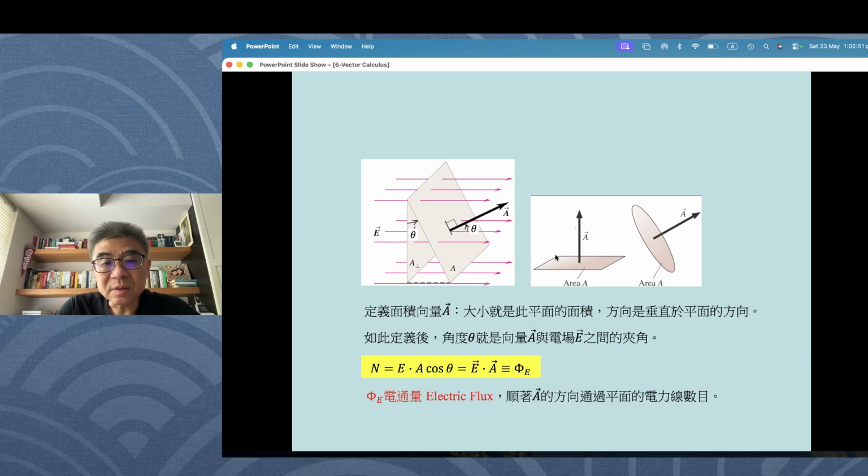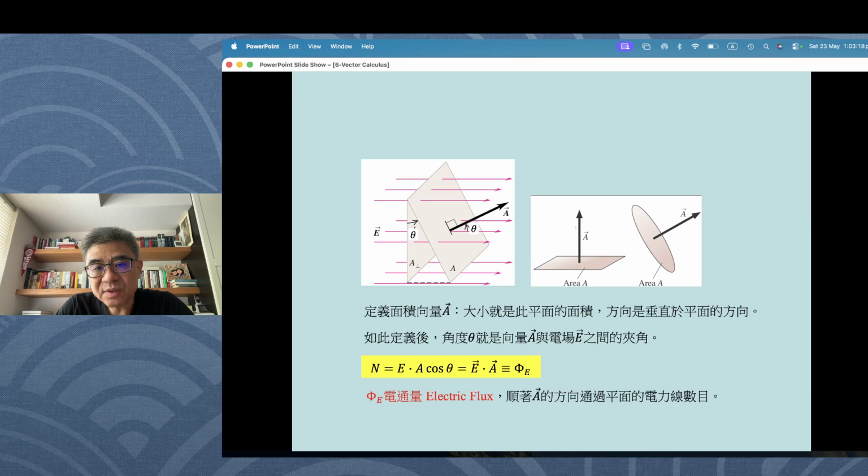Usually it's easy, we can define it for a plane area, 平面，小小的这个平面。And by A vector, I mean the magnitude of this vector, it's an artificial vector because an area is an area. It is hard to visualize it as a vector with an arrow.